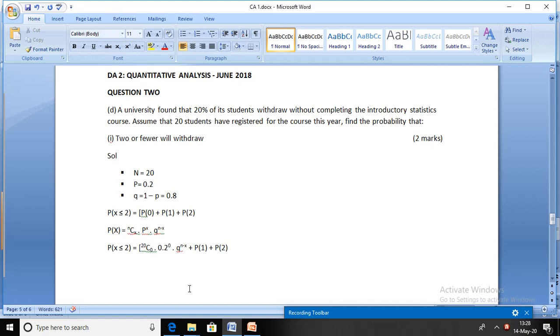Q is 0.8 to the power n minus x, that is 20 minus 0.